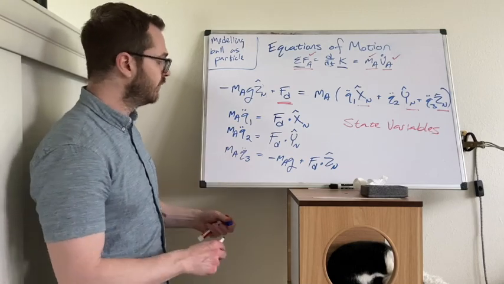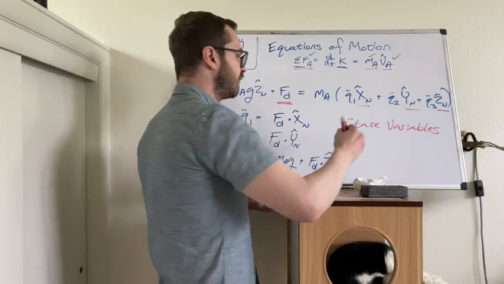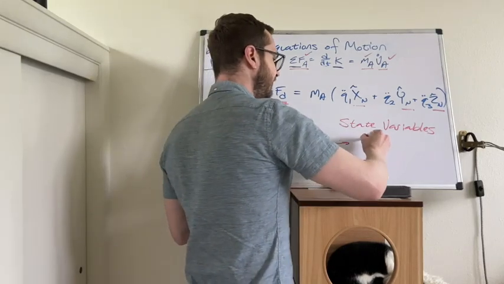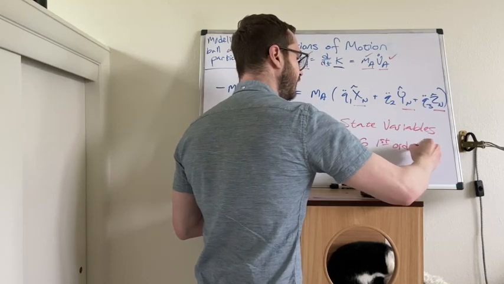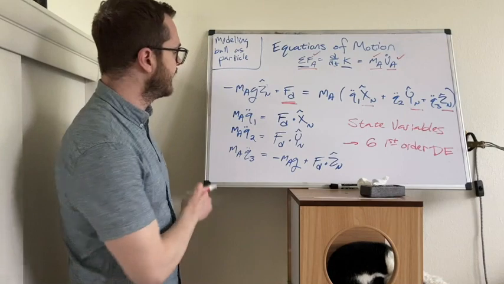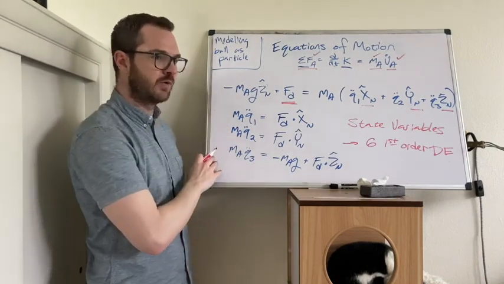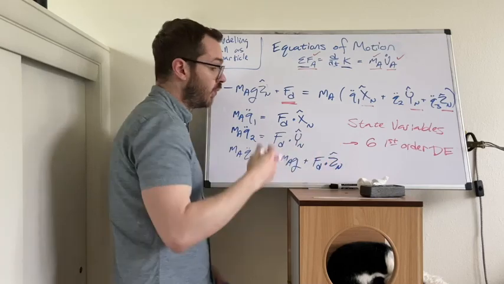And using state variables, we're going to rewrite the system as 6 first order differential equations. Right now they're 3 second order. We're going to rewrite them as 6 first order. Why do we want to do this?